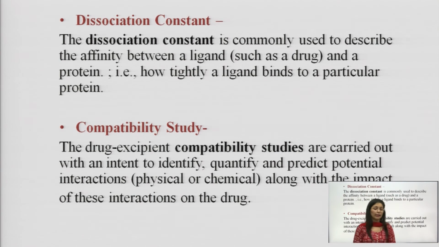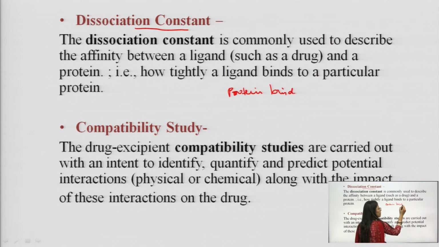Next is dissociation constant. What is dissociation constant? It is commonly used to describe the affinity between the ligand and the protein. In our blood, there are lots and lots of proteins, and protein binding we are going to learn later on.